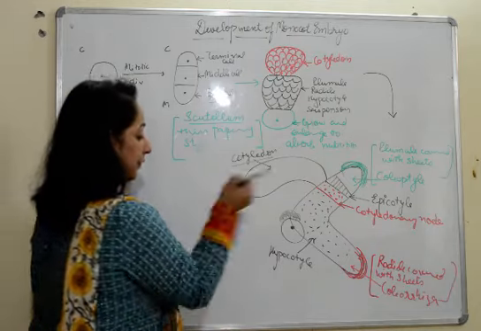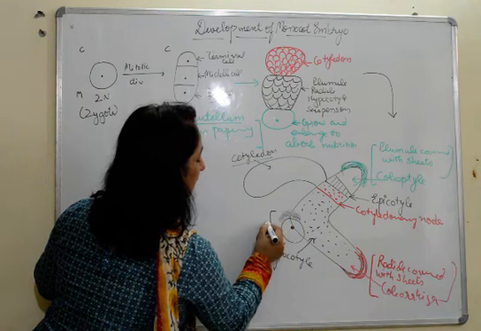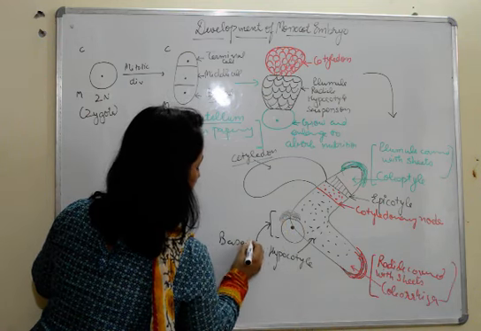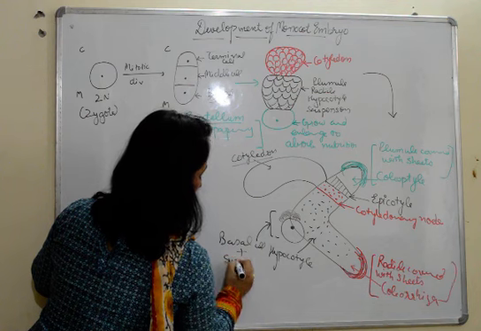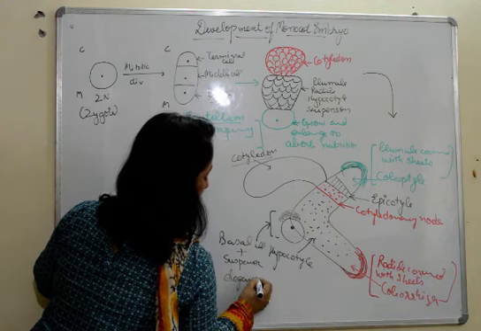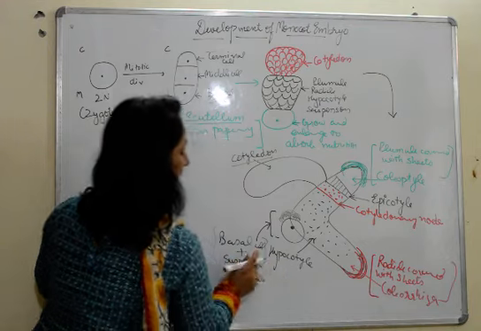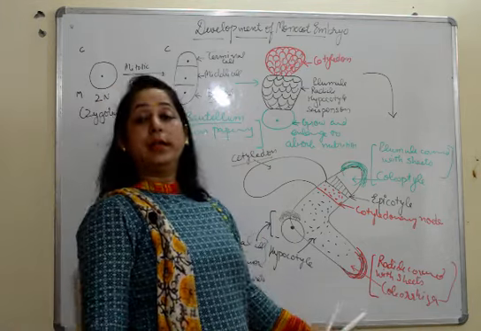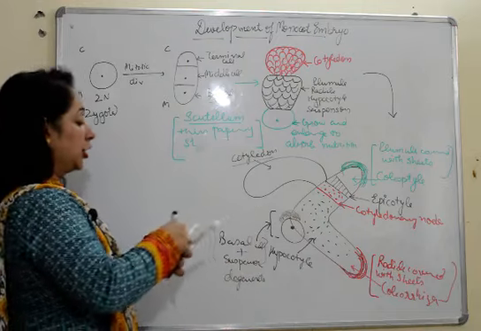We have the basal cell and the suspensor here. Basal cell, suspensor, and these will degenerate. These parts will degenerate and these will further develop. Now what structure do we get?